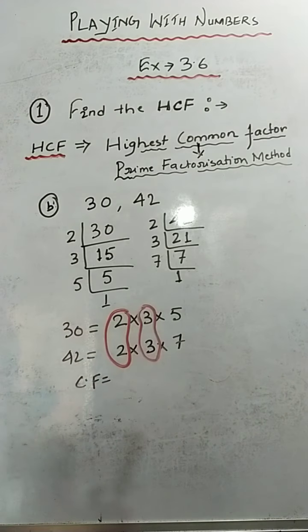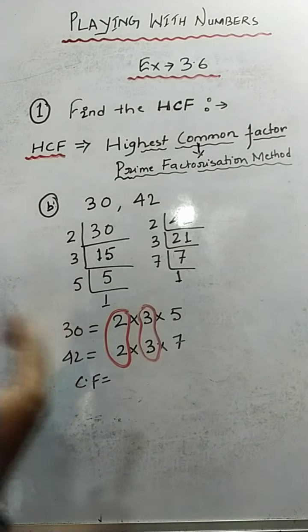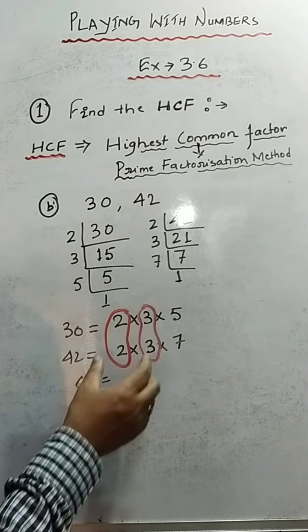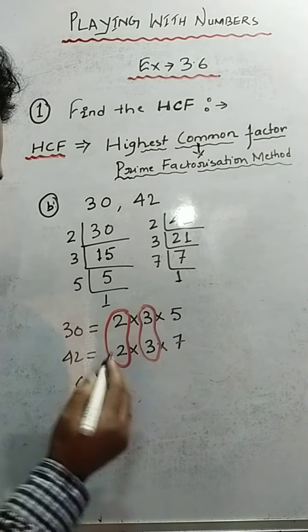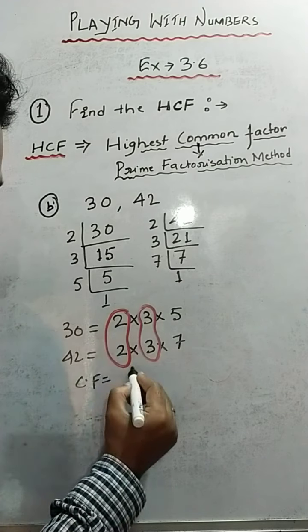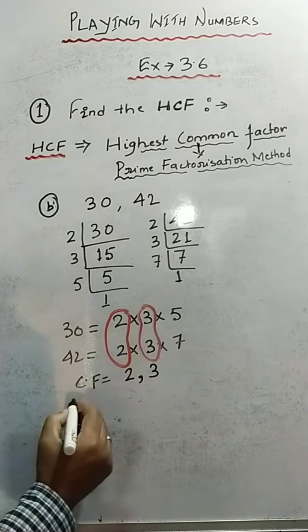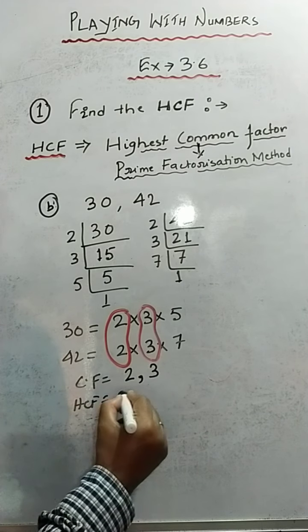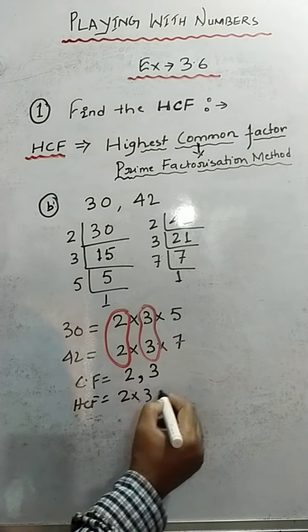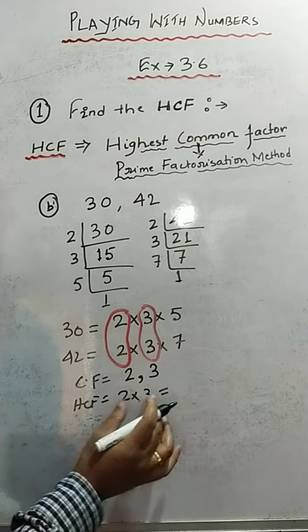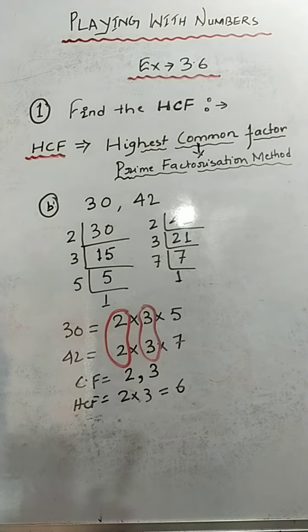I know that all of you are very smart kids and you know the answer. So before the HCF, what we have to write? The common factors 2 and 3. Now let's get the HCF. We just have to multiply all the common factors. That is 2 into 3 is 6. So again the answer is coming 6. Fine. So now let's move on to sum number C, students.